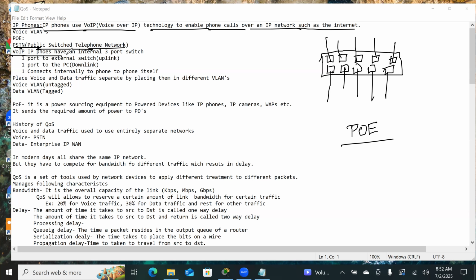VoIP phones have an internal 3-port switch. One port is the external switch link, that means the link we are getting from the switch, which is called the uplink. And one more, you can connect a computer to that PC. Okay.